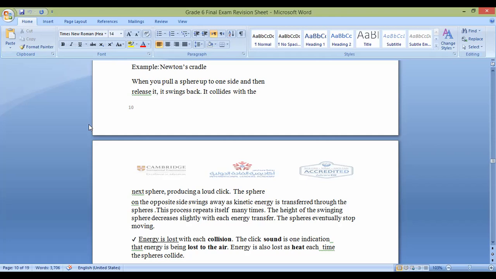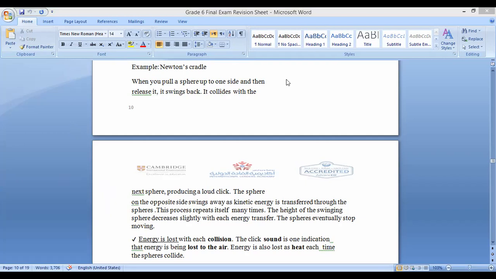Okay, how will they stop? They will keep on moving, then they will stop. How? Because of collision. Yes. First of all, when you hit it, the height of the swinging sphere will be high.